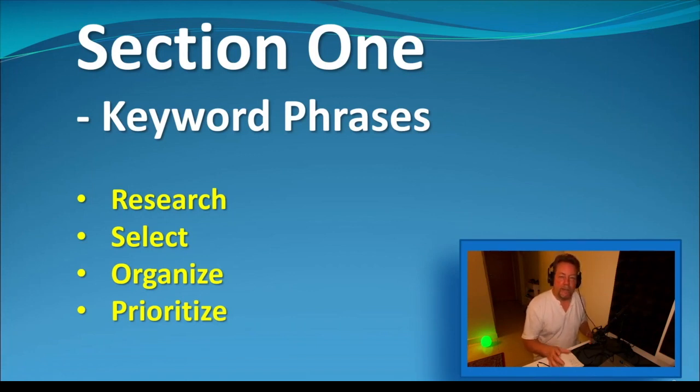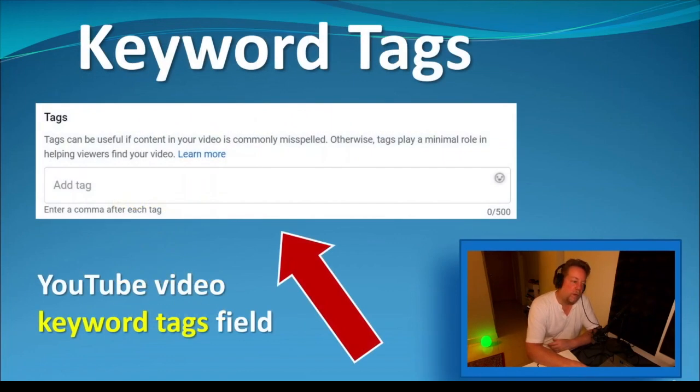There are ways that we find those phrases, and it's not too difficult, but it's really important. If you have a channel about cooking, your keyword is not cooking. It has to be longer. What are you cooking? You have to be very specific, and we'll get into that. So we're going to do these things: research, select, organize, and prioritize.